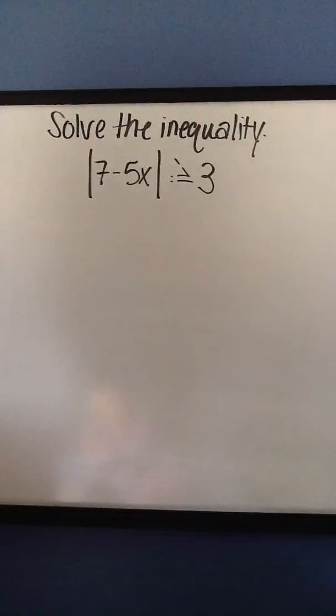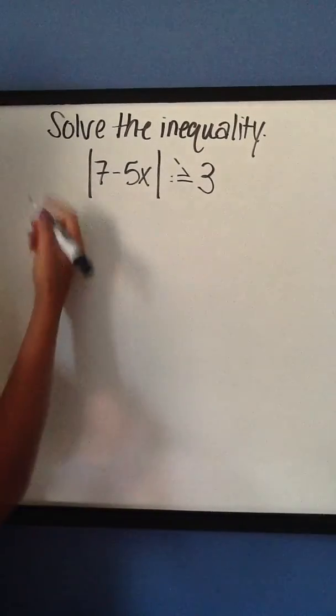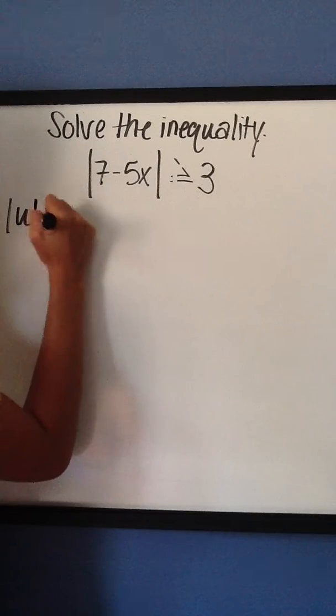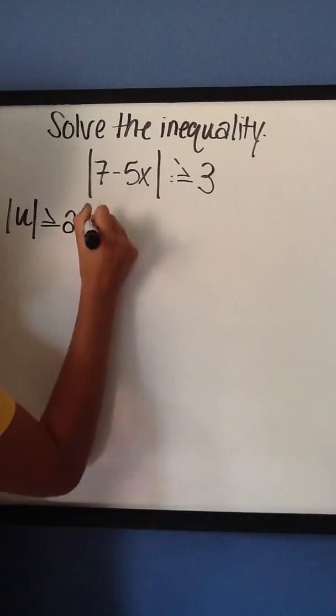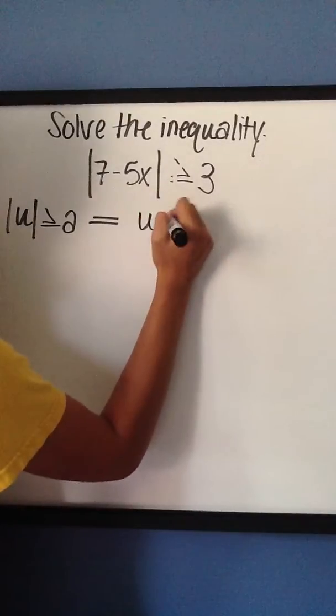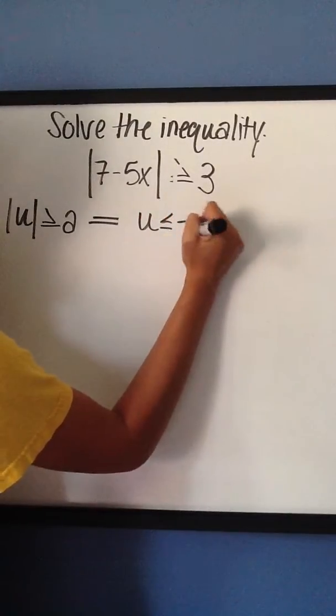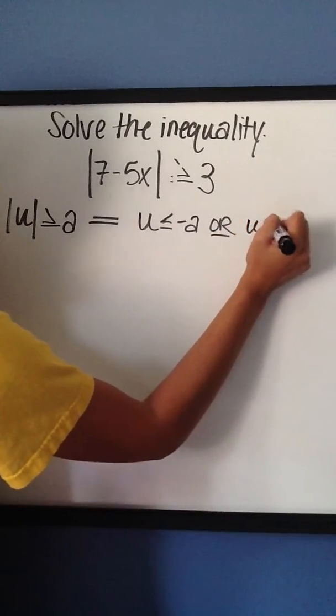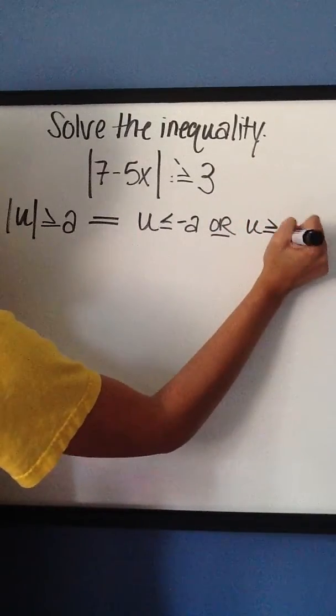So our next step is that we're going to set up the problem based on our previous statement that we made. So that statement, again, just to remind you, is the absolute value of u when it's greater than or equal to a is equal to u less than or equal to the opposite of a, or, there's our or statement, u being greater than or equal to a.